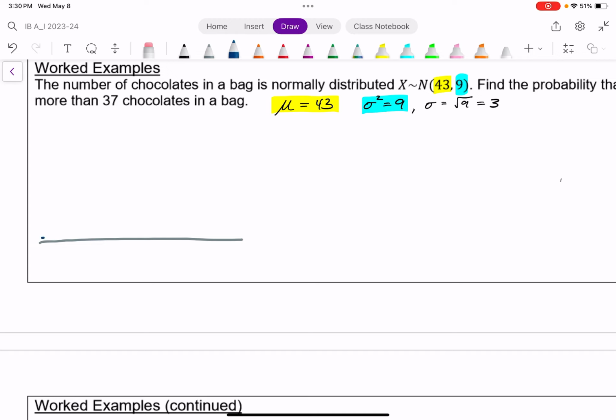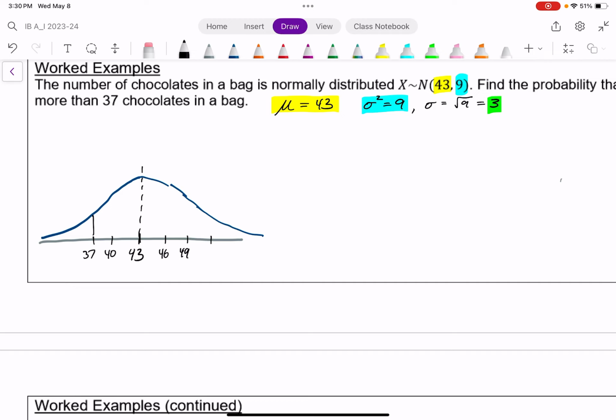It's symmetrical, it goes up, reaches a peak, and comes back down. I know the mean is 43, so right in the middle. The standard deviation is 3 because the variance is 9, which means every time I go up 3 chocolates, 46, 49, and so on, I go up a standard deviation. Every time I go down 3, 40, 37, I'm going down 2 standard deviations.